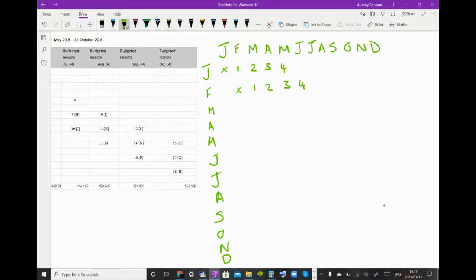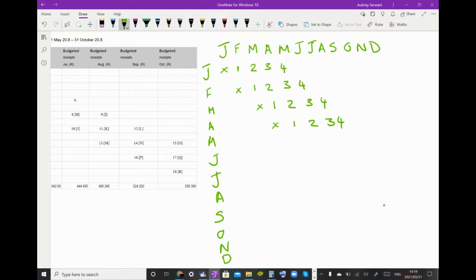Okay, for March, we don't count March. We say 1, April, 2, 3, and then 4. Okay, for April, don't count April. 1, 2, 3, and then 4.